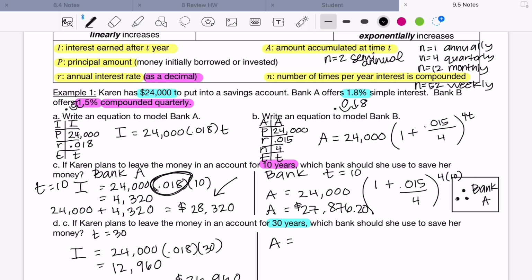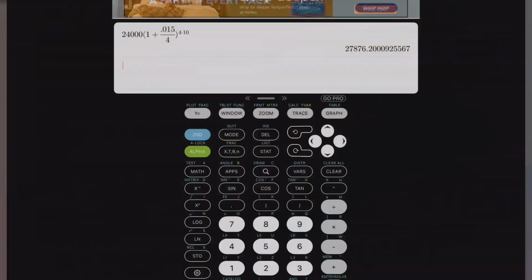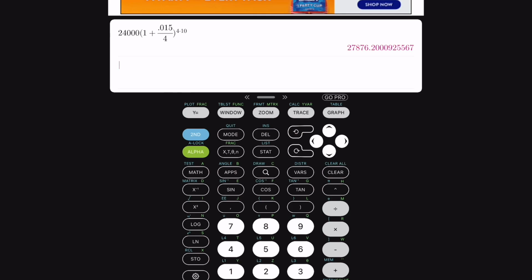So the account balance, not the interest, but the actual account balance is going to be up here. We're going to change that T to a 30. So if I go back into the calculator, hopefully I enter, and then I'm just going to do it. Okay. And she makes 37,607.